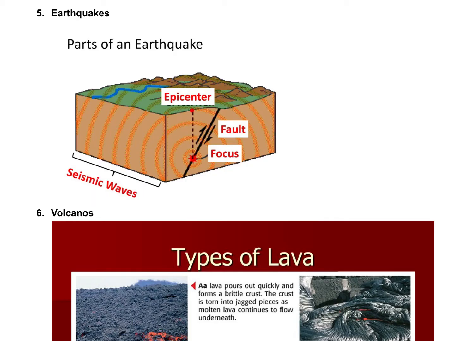But speaking of earthquakes, this is what I meant by an earthquake diagram. So focus, fault, epicenter. Right, the epicenter is going to be the point on Earth's surface directly above the focus. Remember, you need 3 seismic stations to be able to find an epicenter.